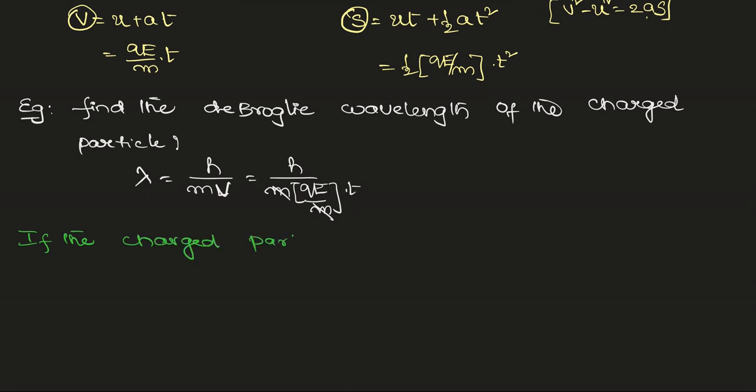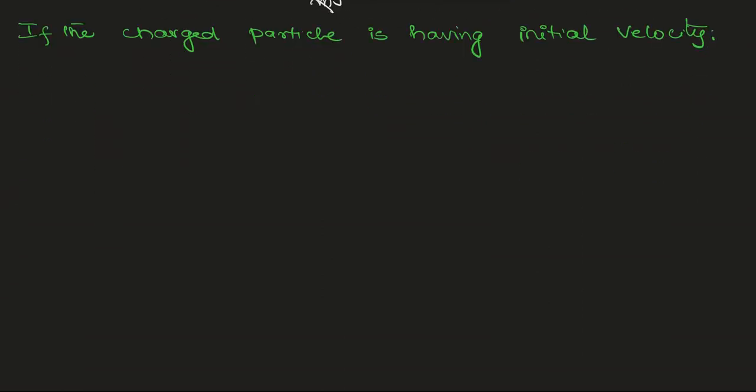Suppose the electric field is still along the positive x-axis, and I'm assuming a positively charged particle with some initial velocity u, and of course its mass is m.